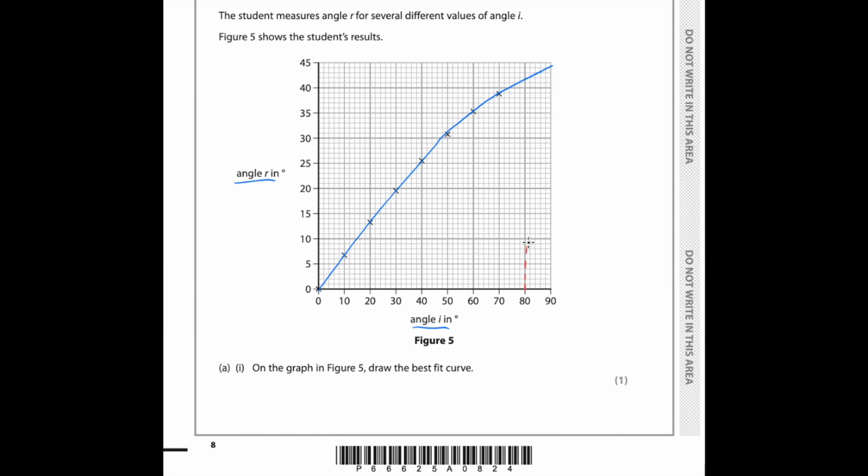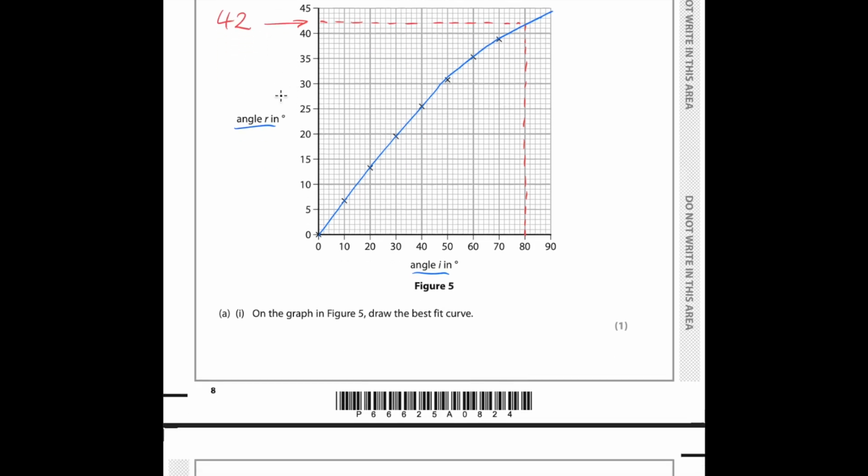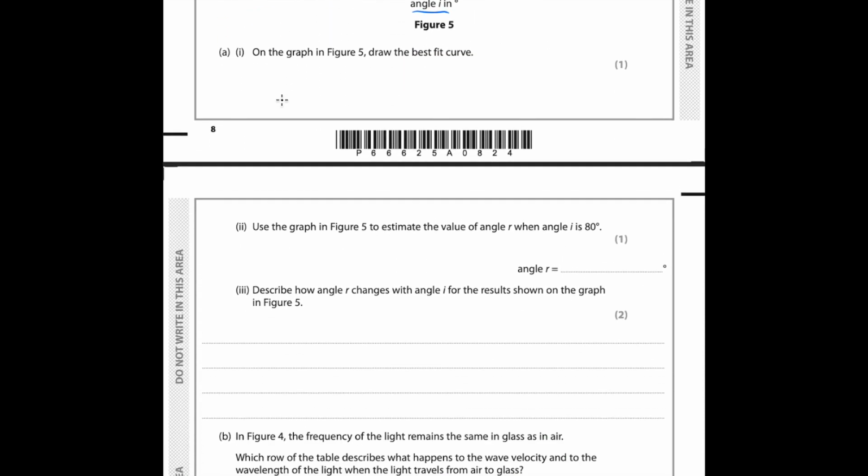So the examiners like it when you put little dots on, so that's an angle of 80 for I and the corresponding value of R. If that's 40 and that's 45, then that is 42. 42 degrees.